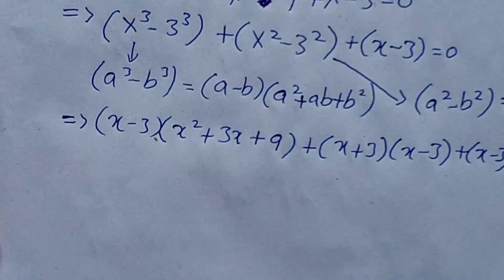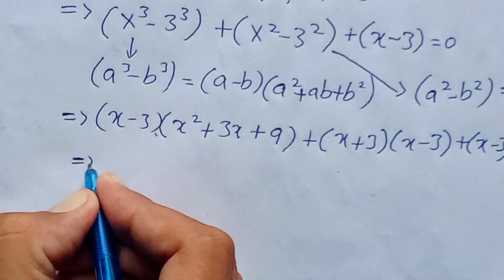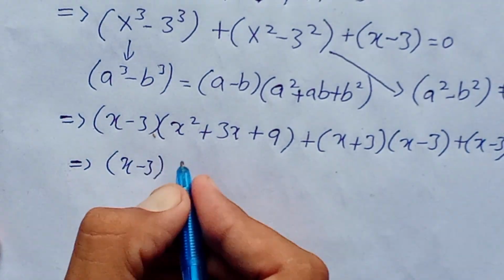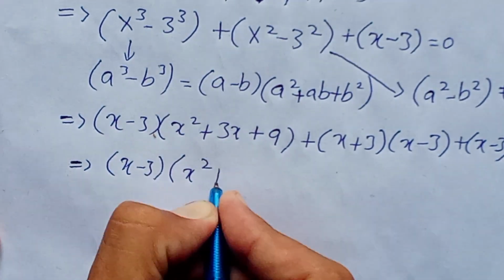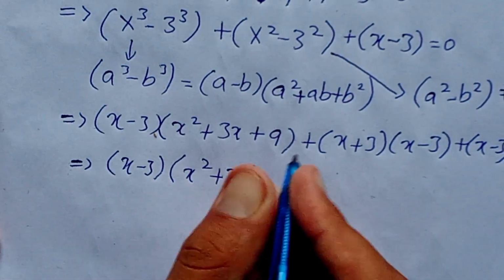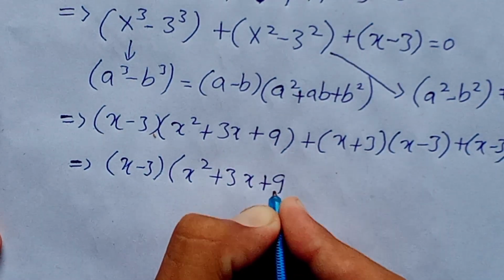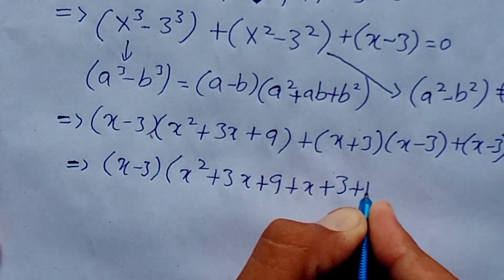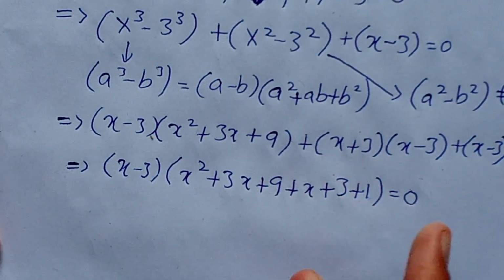Now I can write it as x minus 3 into x square plus 3x plus 9 plus x plus 3 plus 1 is equal to 0.